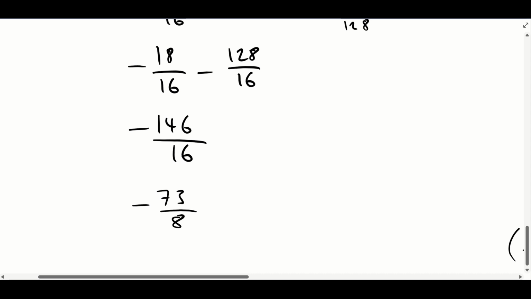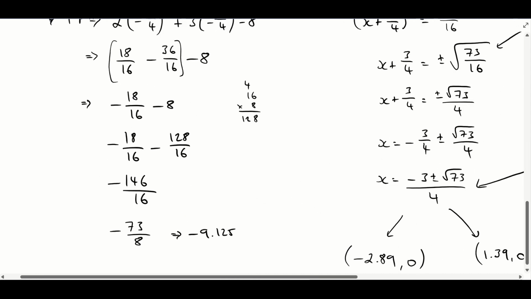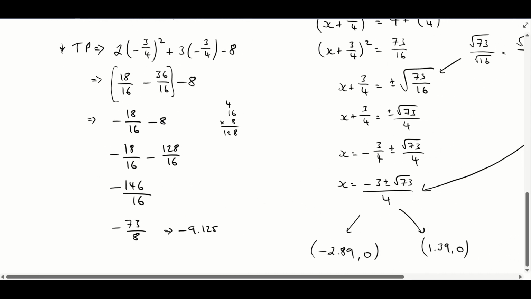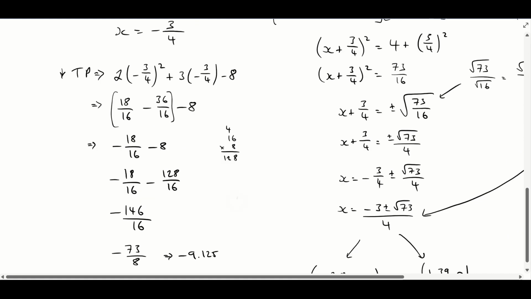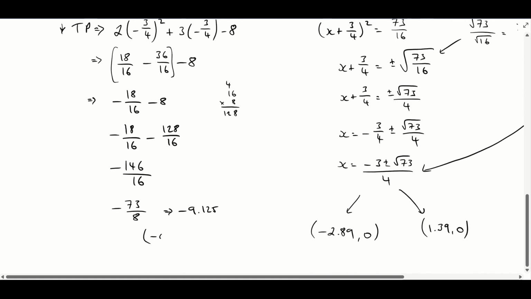Okay, and that actually works out to be negative 9.125. Okay, so look, it gets a little bit messy, but the process doesn't change, and that's what's really important. So our turning point is at our negative 3/4, so negative 0.75, negative 9.125.